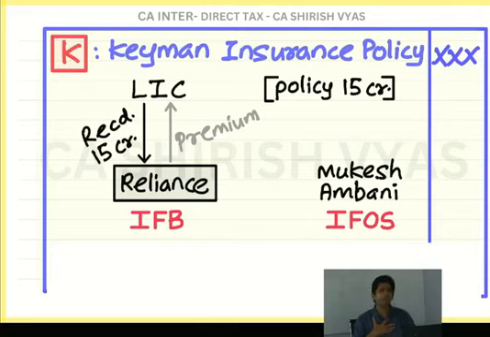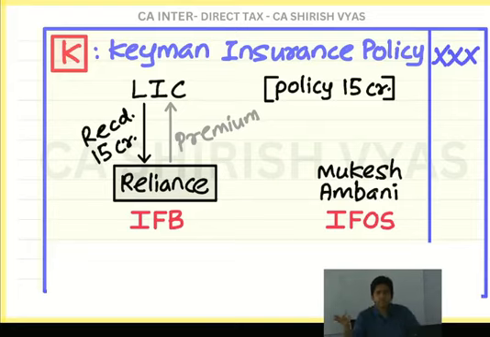Then the income tax department will also exempt it, whether it is received on death or maturity. But in the question, they will write life insurance only. You have to see the word. If they write key man, taxable. Money-minded. If they write life insurance, exempt.